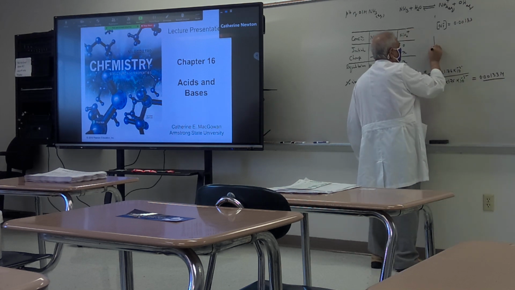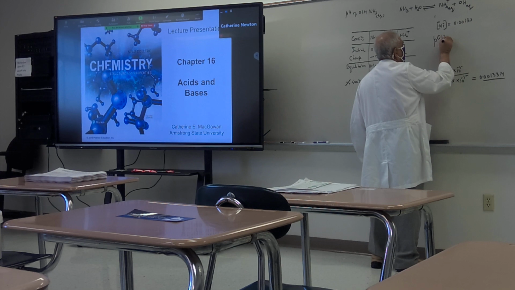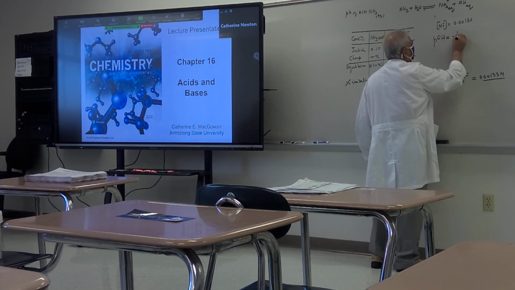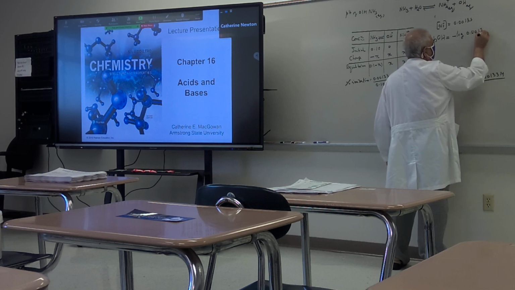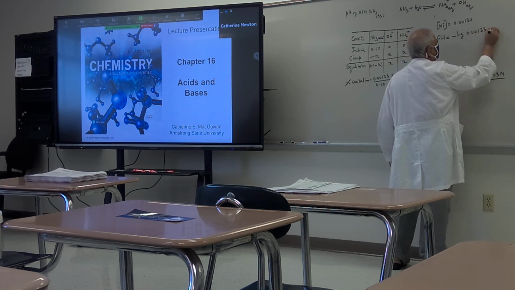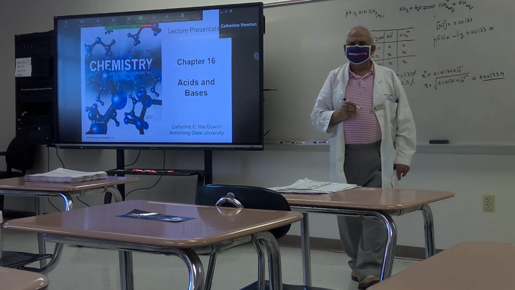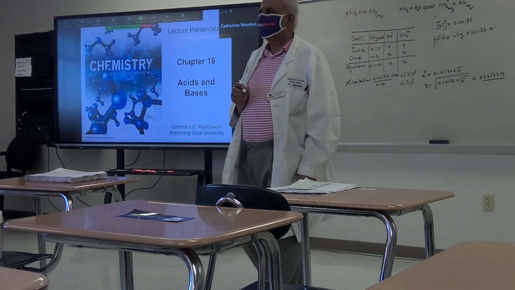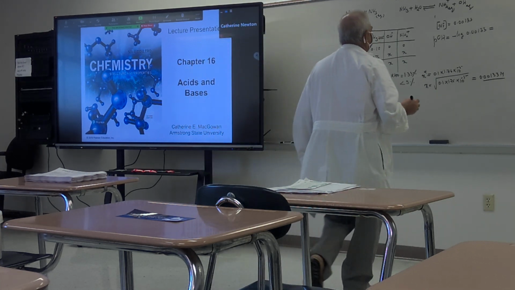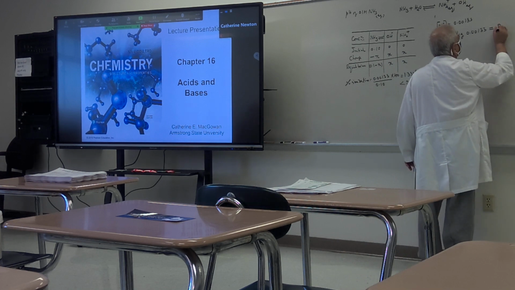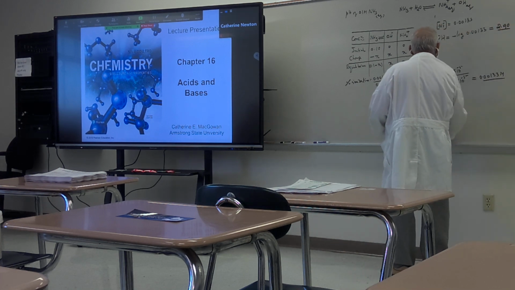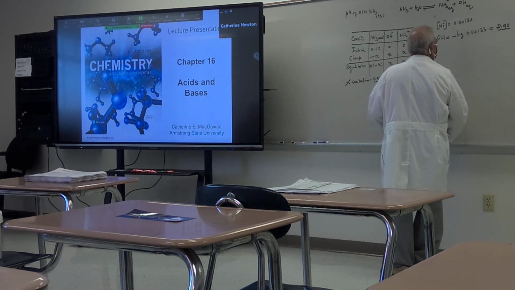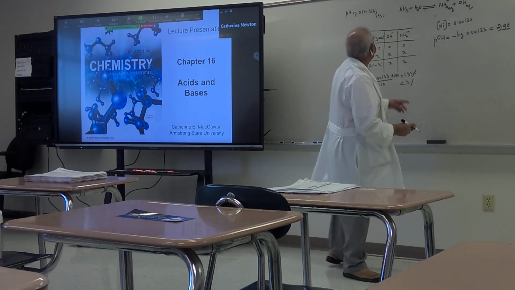So now you are going to calculate pOH. pOH equals negative log of 0.00133. Tell me how much this is. pOH equals 2.88. I will make it 2.9, okay? pOH is 2.9.